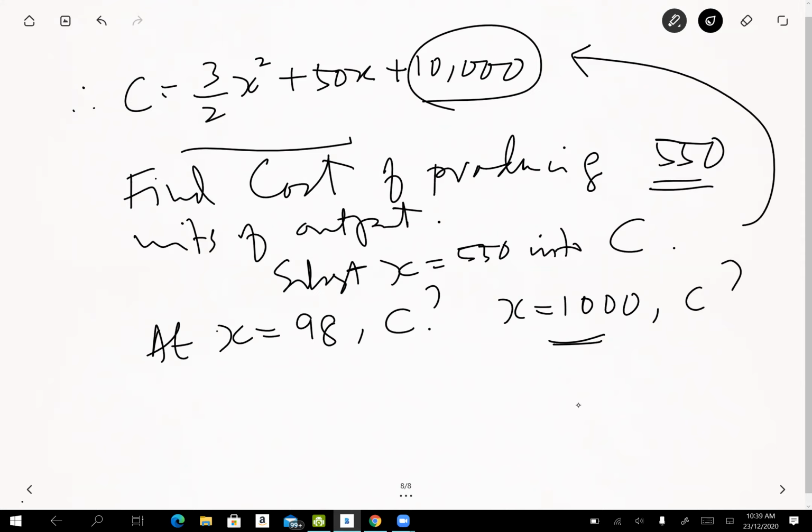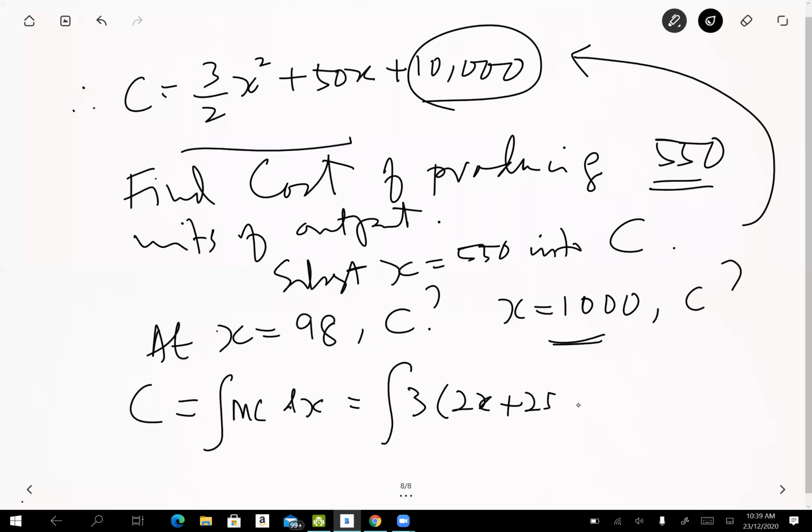How do I get the integral of that function? So here, I am integrating the marginal cost, dx, of course, that is equal to the cost, that is equal to what? Given 3 times 2x plus 25 to the power of half dx.